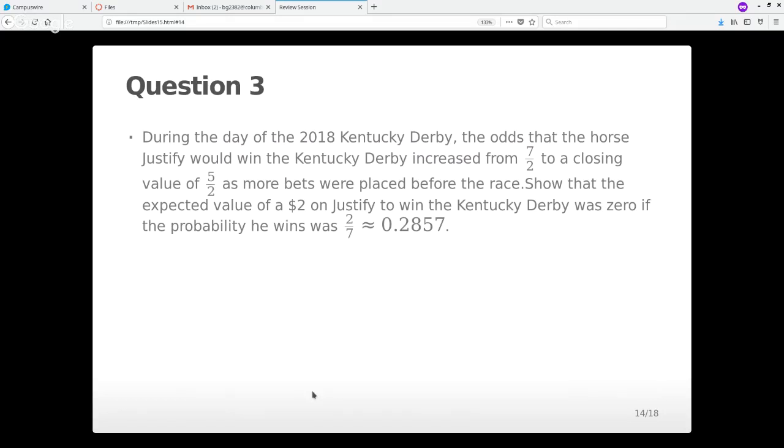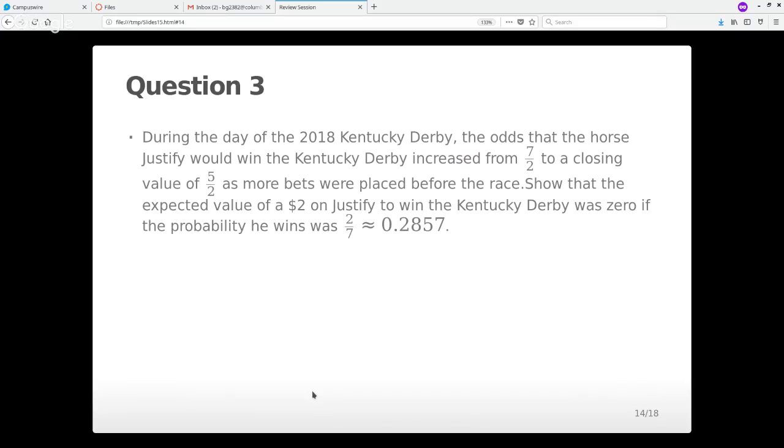So in 2018, things made a bit more sense. There's a horse, Justify, who actually won the Kentucky Derby and the next two horse races. But in the afternoon of the Kentucky Derby, the odds that Justify would win were 5-2.